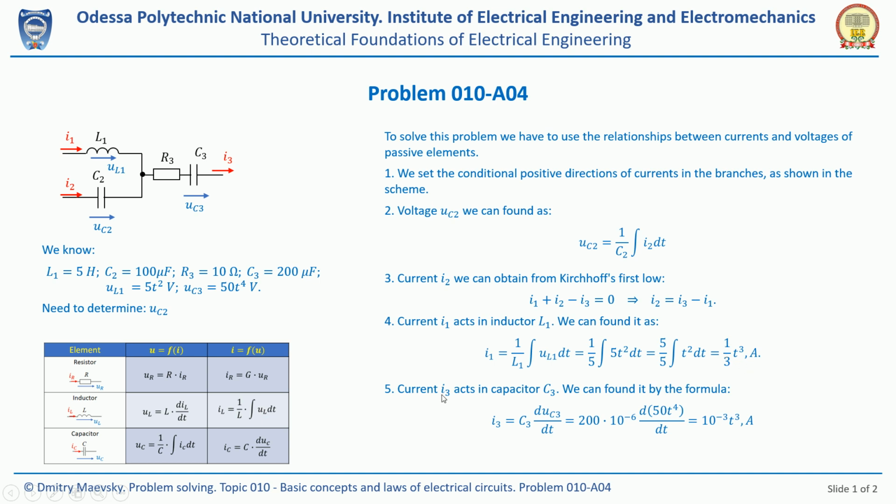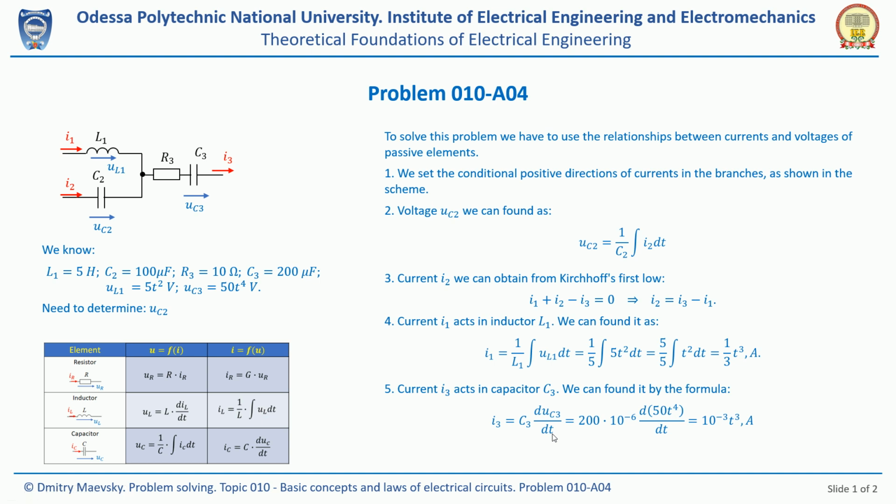Current I3 acts in capacitor C3, and according to this table we can find this current as this formula. In our case, this is capacitance C3 times du3 with respect to dt.